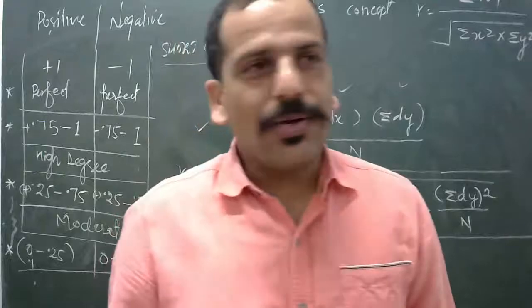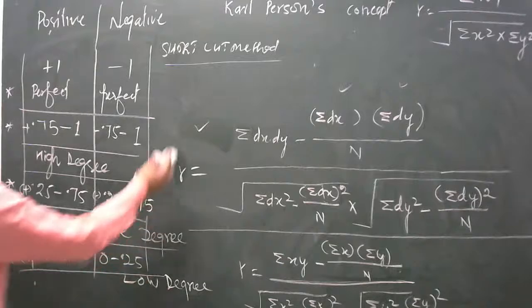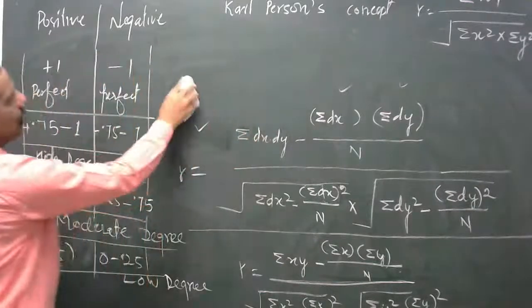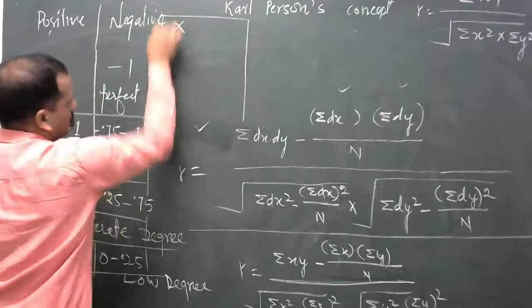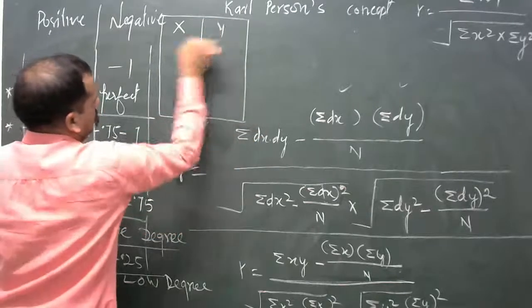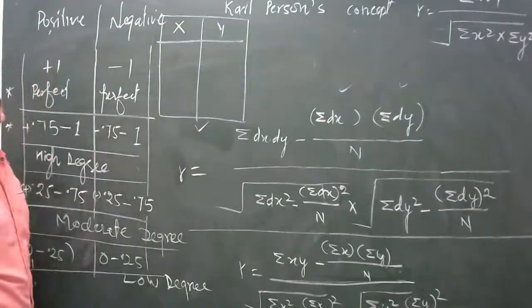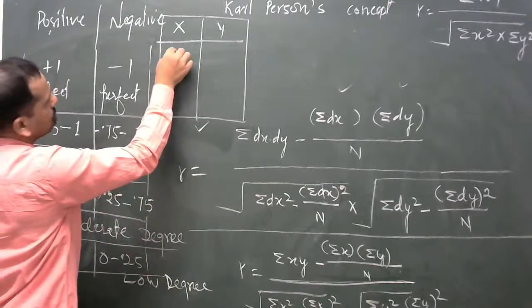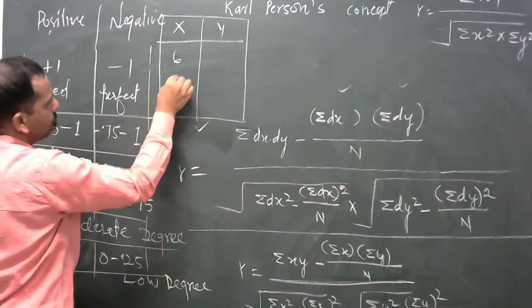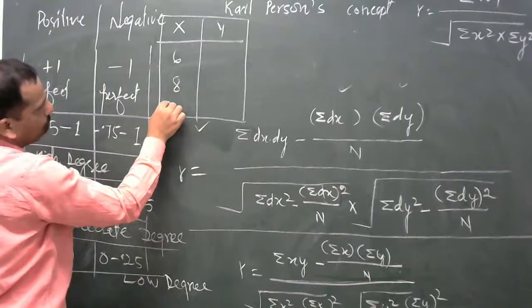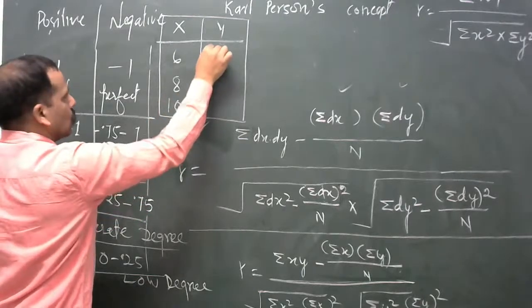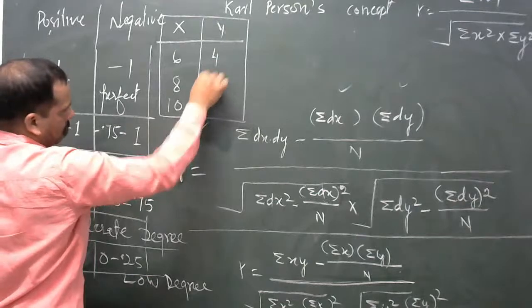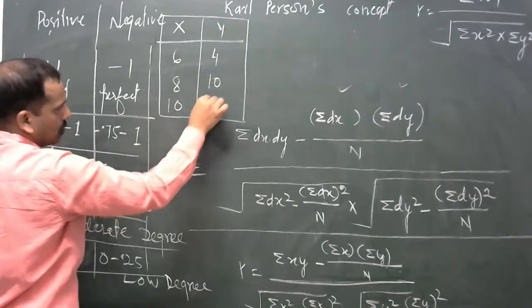Write down one question. Find out the correlation. Values of x and y variables; x and y may be price and demand, or price and supply. 6, 8, 10, 4, 10, 12.